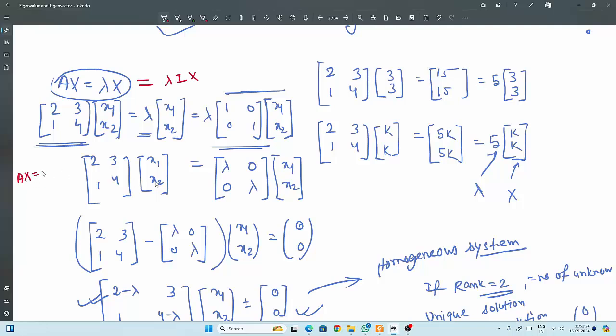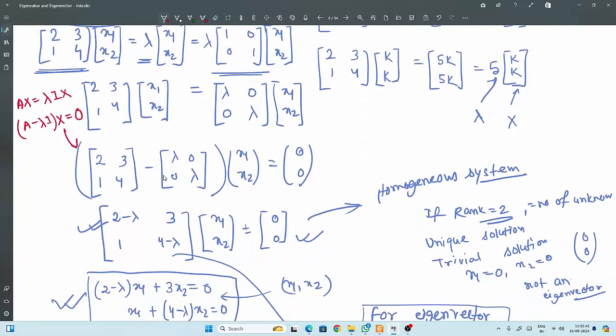Now this is Ax = λIx. Then on the left side, (A - λI)x is equal to the zero matrix. This is that line: (A - λI)x = 0.